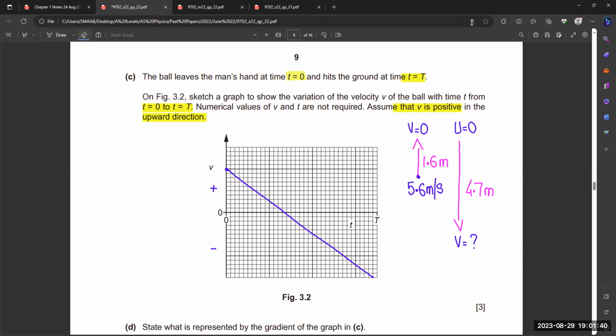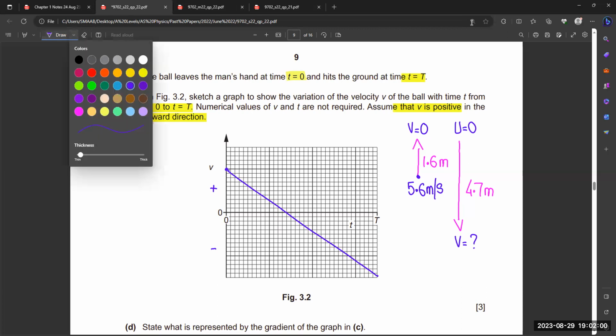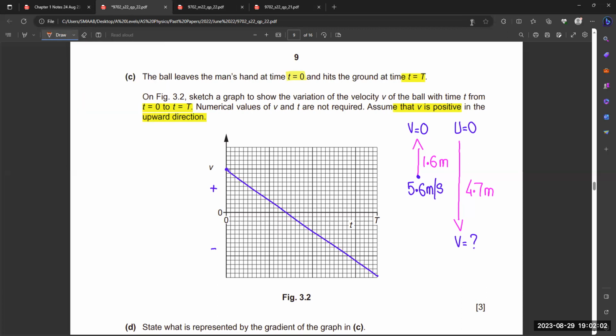One more thing: they mentioned that you need to mark from t to capital T, right? So this is going to be a straight line, because speed changes uniformly and air resistance is negligible.